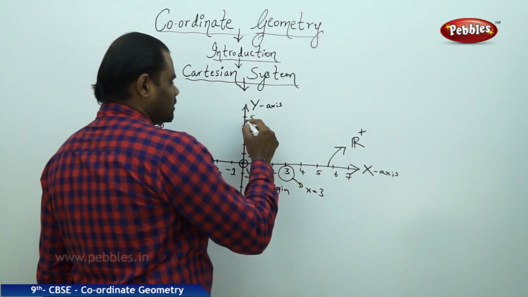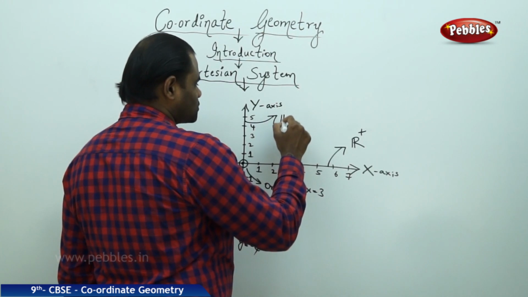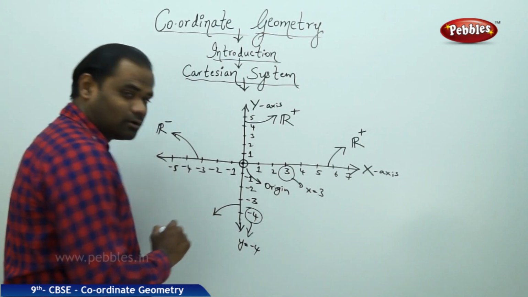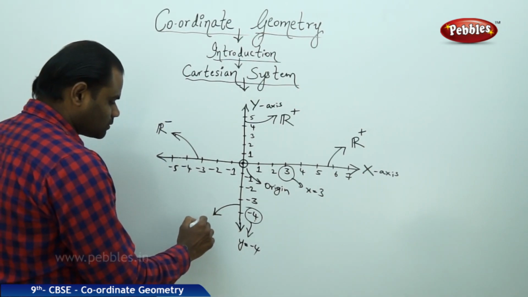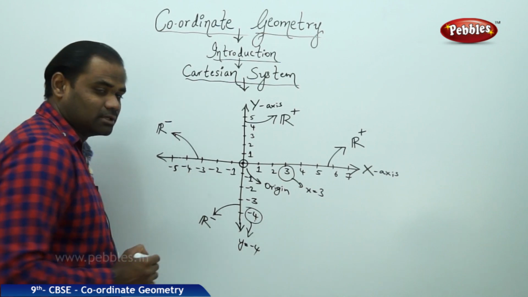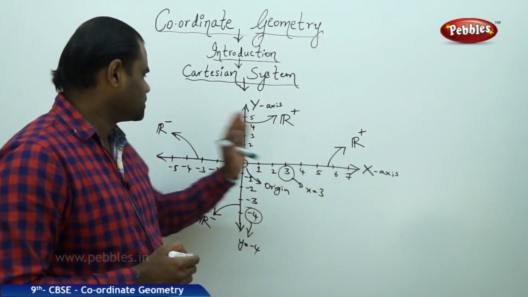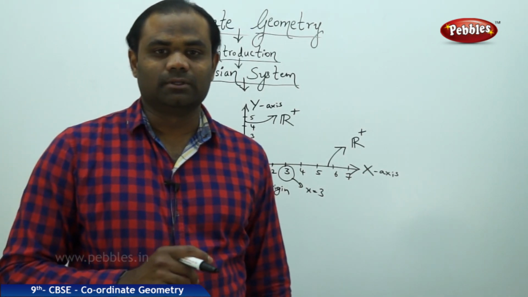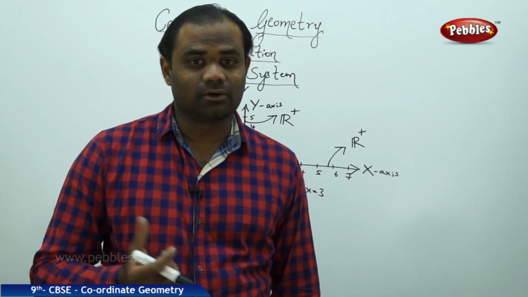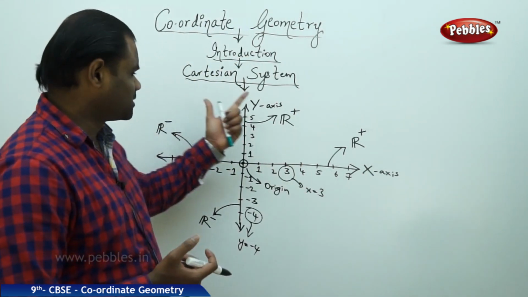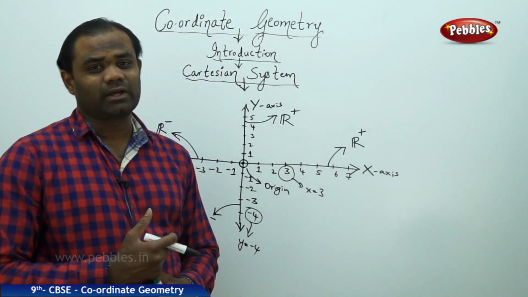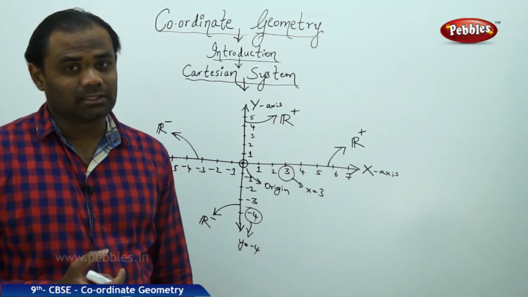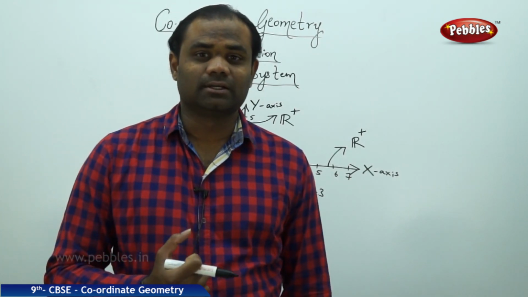Similarly, all the values on the upper side of the y-axis are positive real numbers, and all the values down the y-axis are negative real numbers. Positive real numbers, negative real numbers, positive real numbers and negative real numbers is how we understand the Cartesian system connected with the x and y axes. Origin, x-axis, and y-axis are the base rules of the Cartesian system.